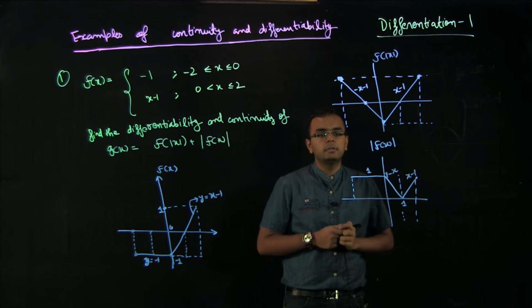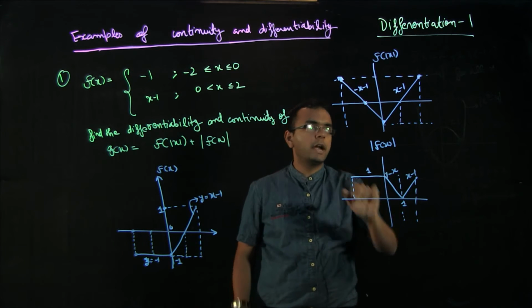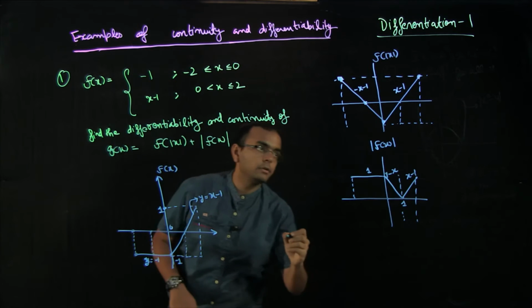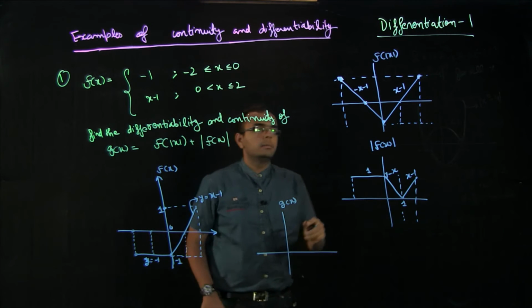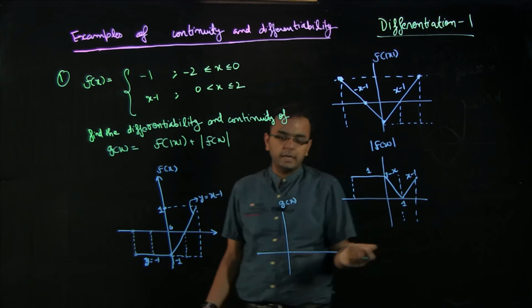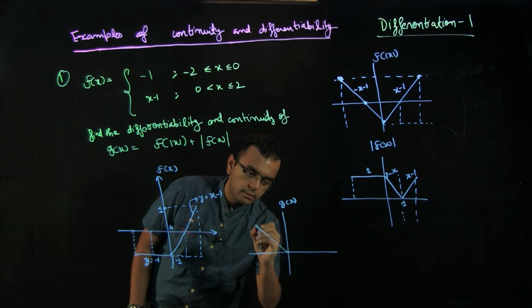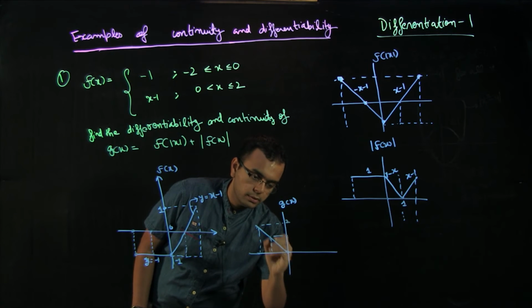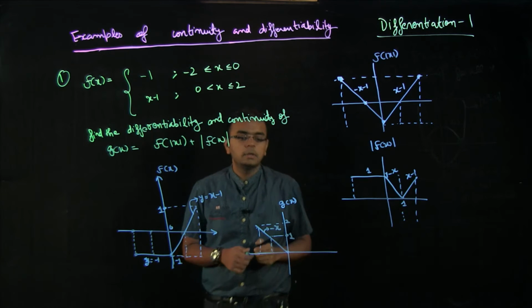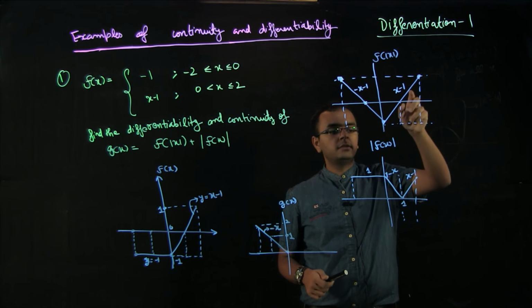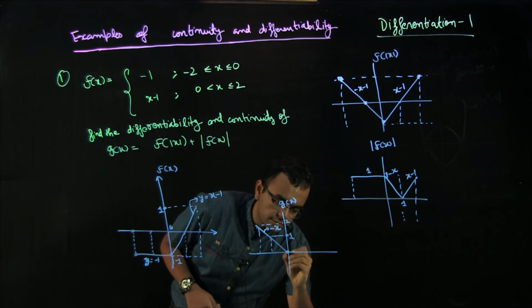And now we will have to add the values. In this part you have minus x minus 1 plus 1 in the entire negative part, because you are adding these values. So g(x) will look something like this. Minus x minus 1 plus 1, which is nothing but minus x. So this graph will become minus x. Here this is 2, this part is minus x. This is 1. Then you have 1 minus x plus x minus 1, so this cancels, and it becomes 0 between 0 to 1.